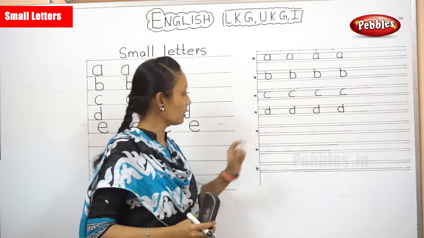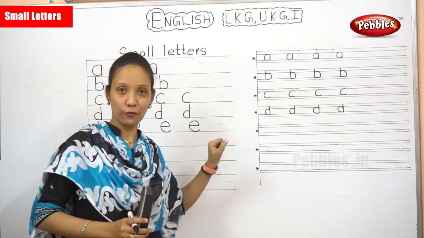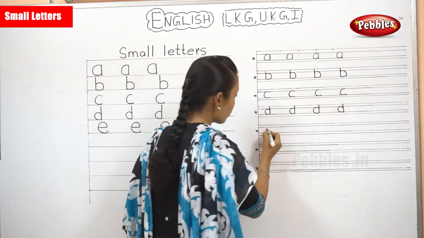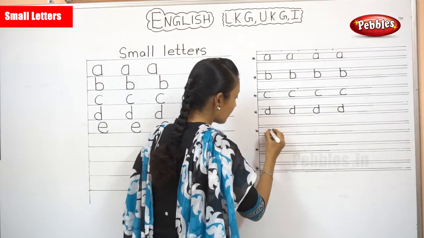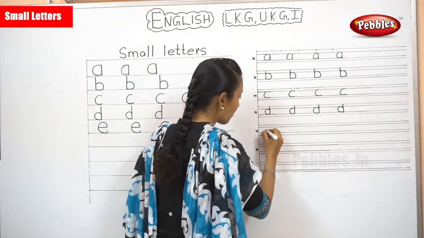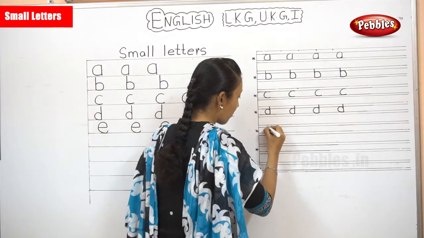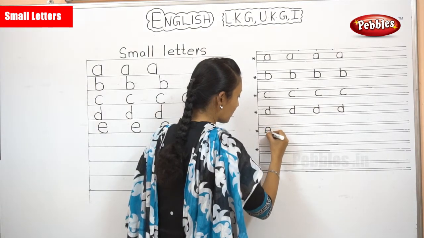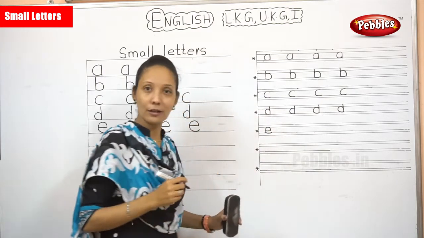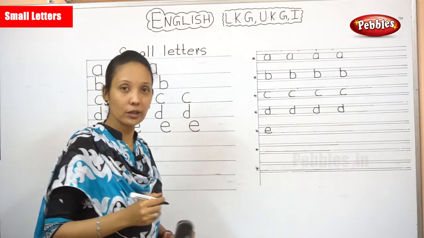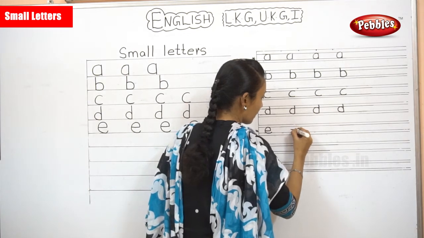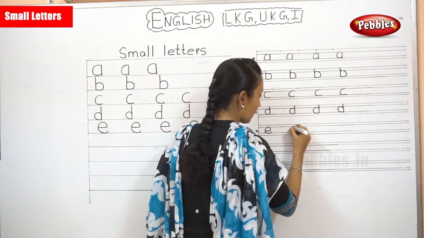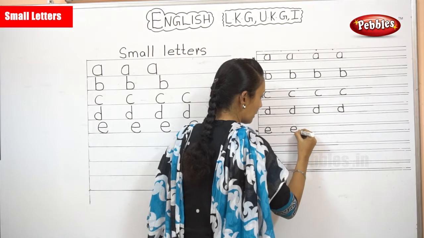Now, shall we learn to write small letter E on your 4 lines? Now, you are not supposed to touch any lines. In the middle of the second and third line, you will draw a sleeping line, go up and come down. Small E. Again, sleeping line, go up and come down.